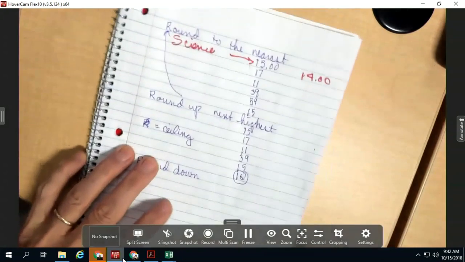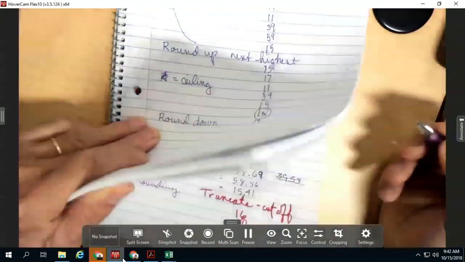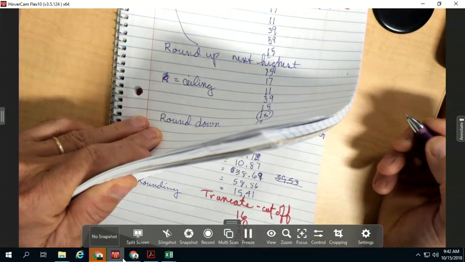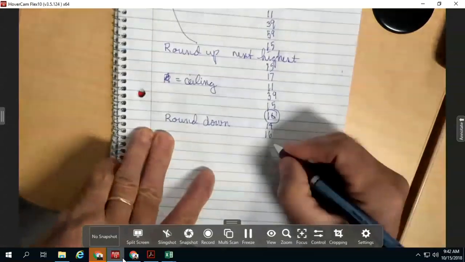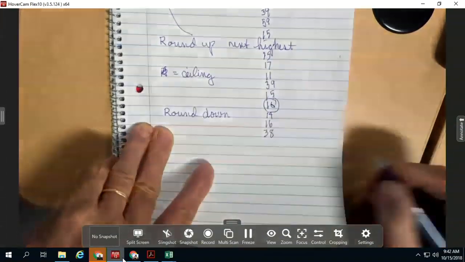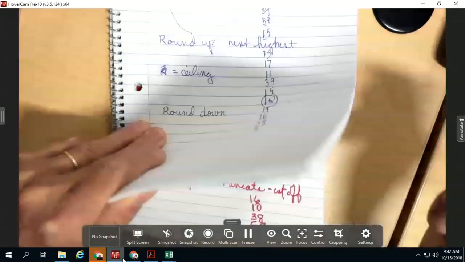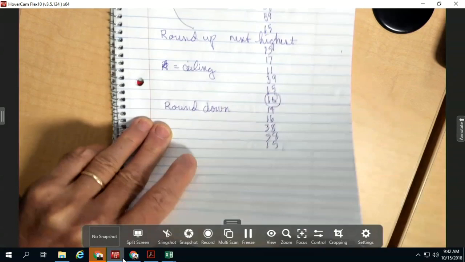In our case, we would round to the first one, 14, second one, 16, third one, 38, fourth one, 58, and $15.